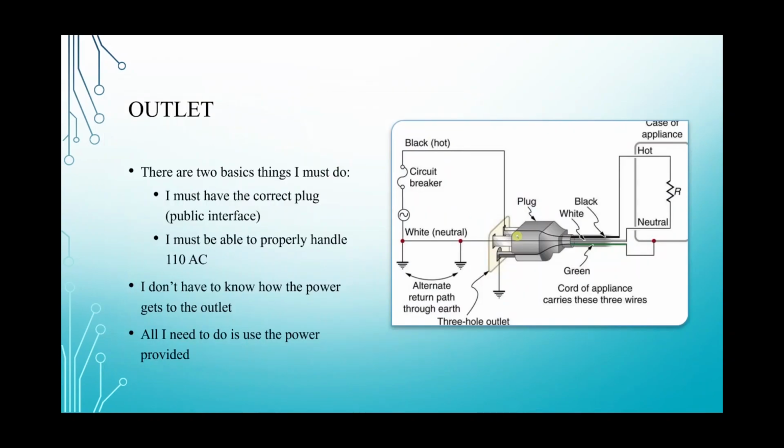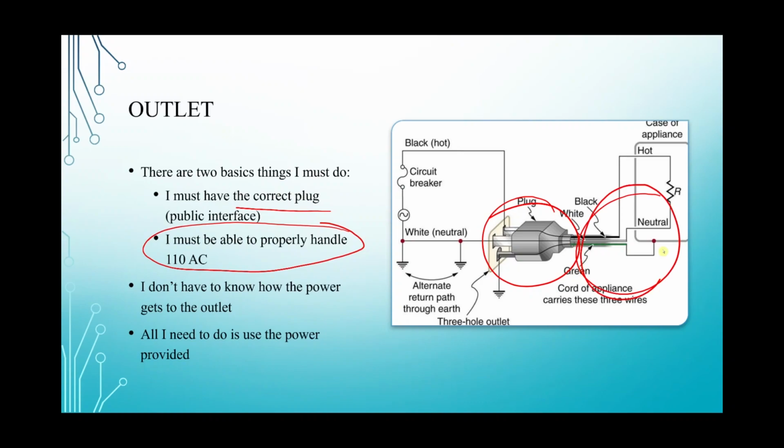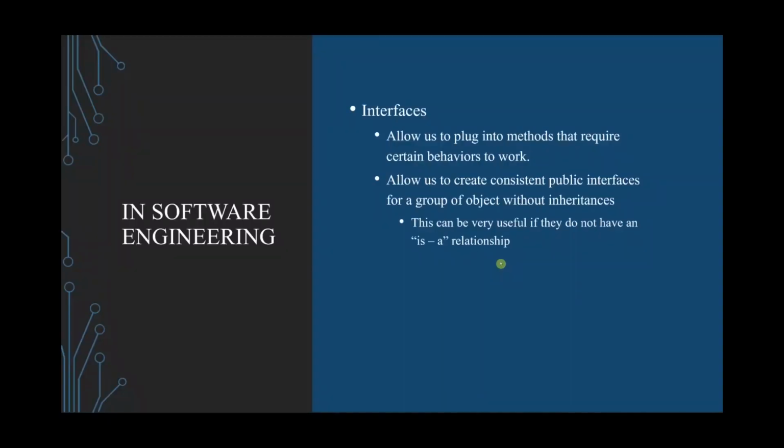So you need to do two basic things. One, you must have the correct plug. And you must be able to properly handle the 110 AC in your device. If you have those two things in your class, then you can implement or use this interface.